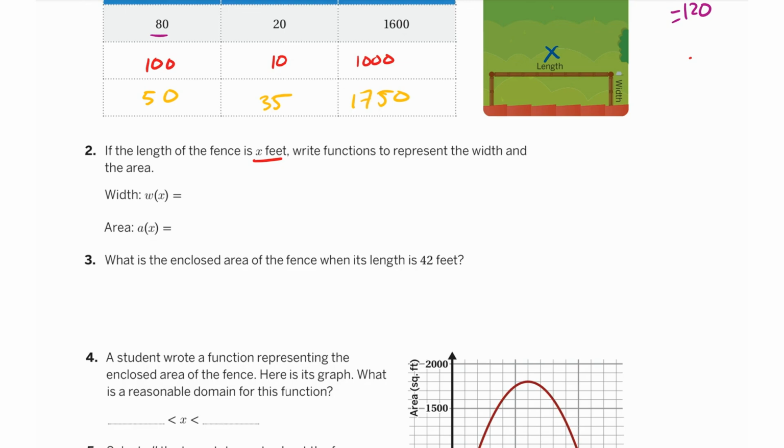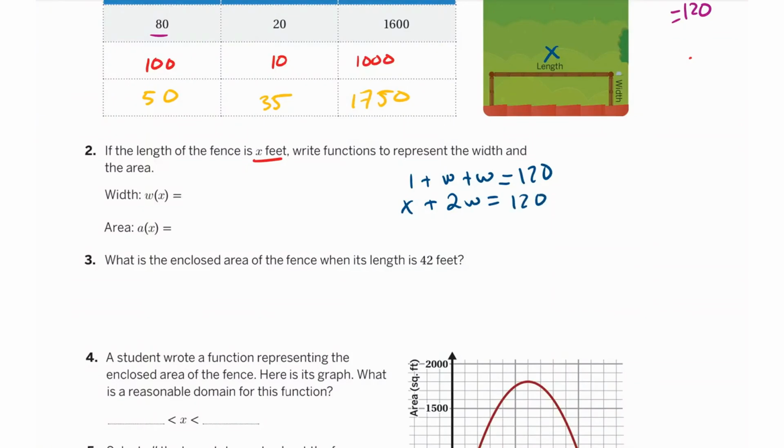So to start with the width, remember, our length plus our width plus another width is equal to 120. So I want to use X for my length, and then W plus W would be 2W equals 120.